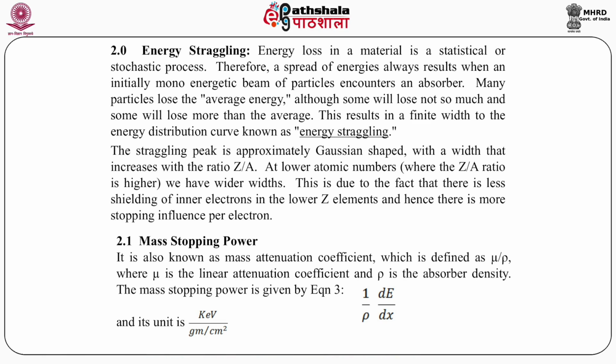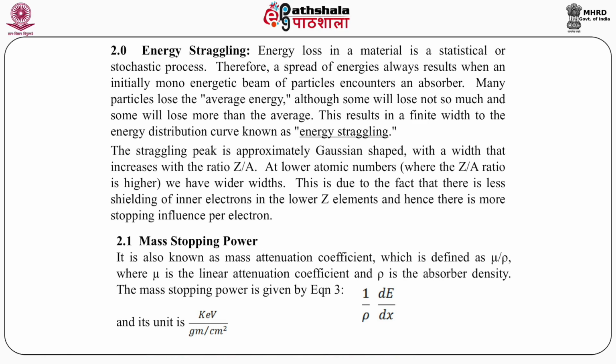The straggling peak is approximately Gaussian shaped with a width that increases with the ratio Z by A. At lower atomic numbers, where the Z by A ratio is higher, we have wider widths. This is due to the fact that there is less shielding of inner electrons in the lower Z elements, and hence there is more stopping influence per electron.